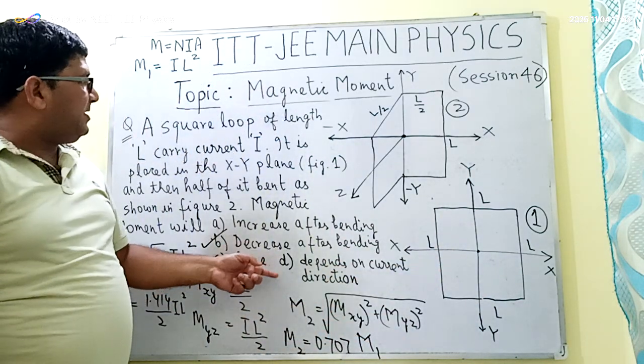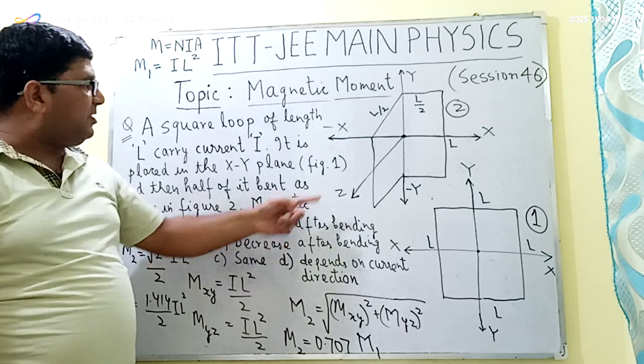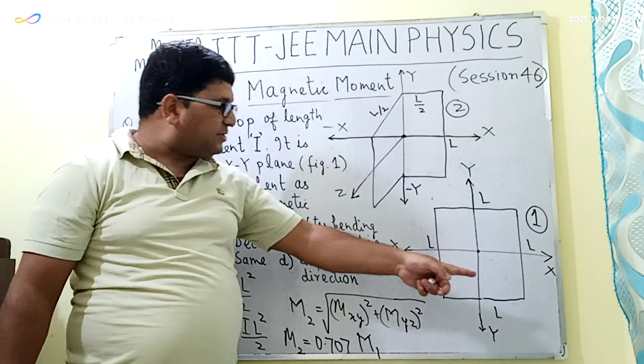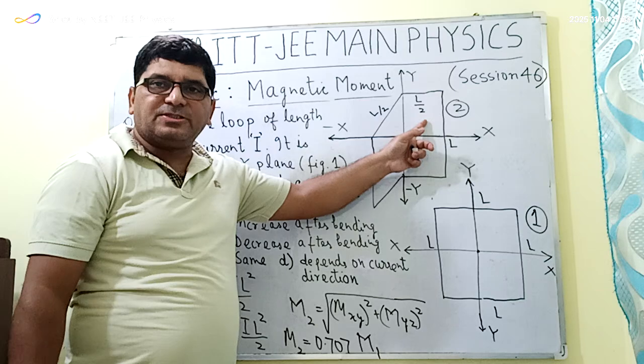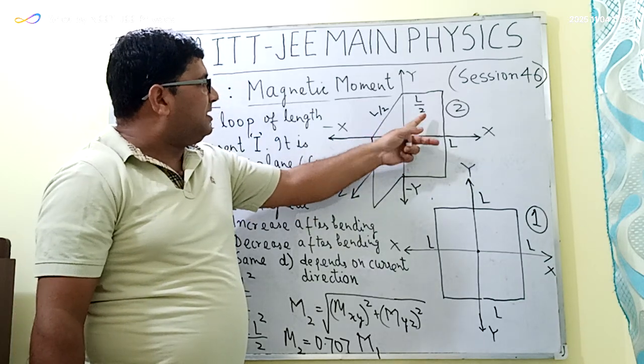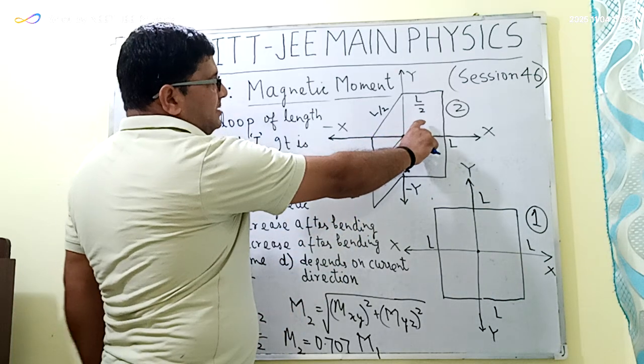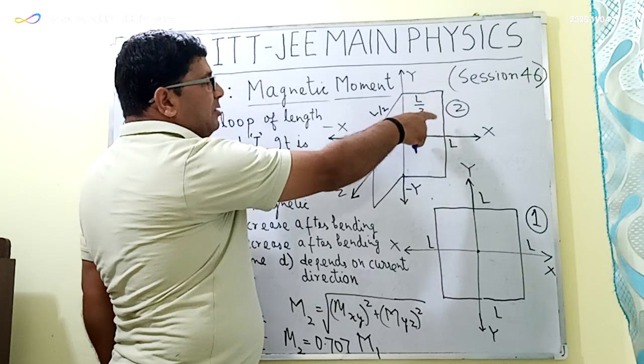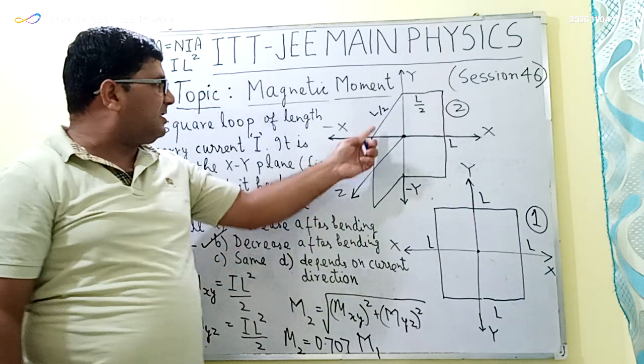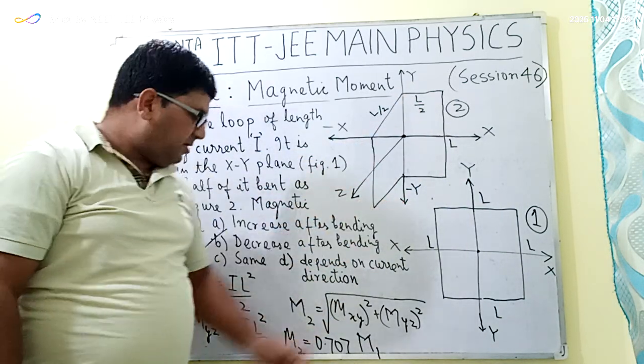The magnetic moment will decrease if this square loop is bent in such a way that half of it is lying in the XY plane and the other half is lying in the YZ plane.